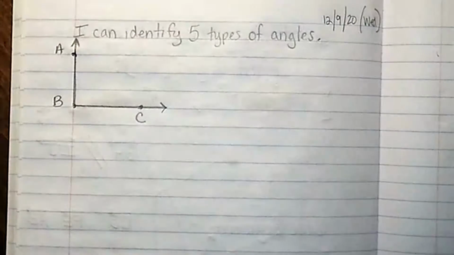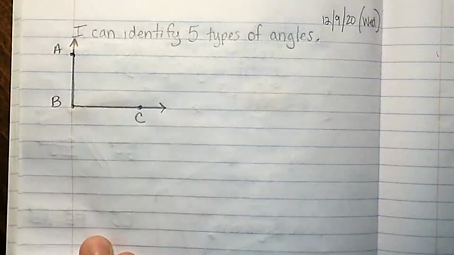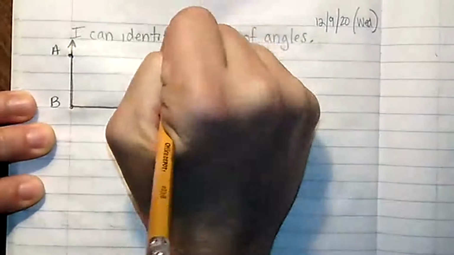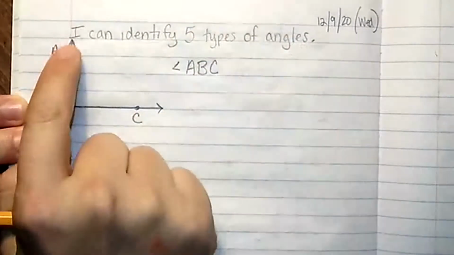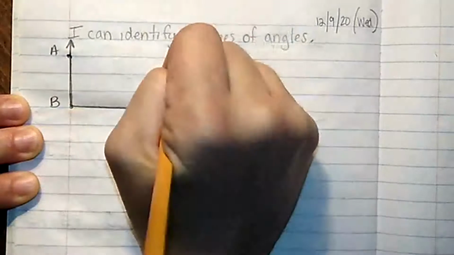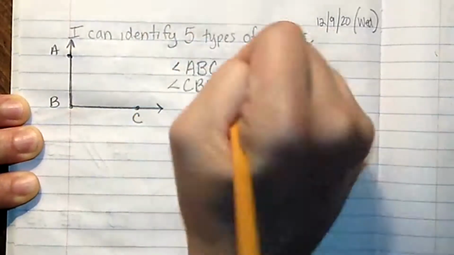Another ray. And now I have an angle. Angle A, B, C, or we could call it angle CBA.